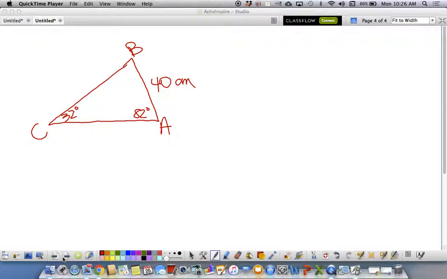Okay? When I say I want you to solve the triangle, it means I want you to find all the missing pieces. I want to know, what is angle B? What is side A? And what is side B? So I usually put my letters where I want to find them.